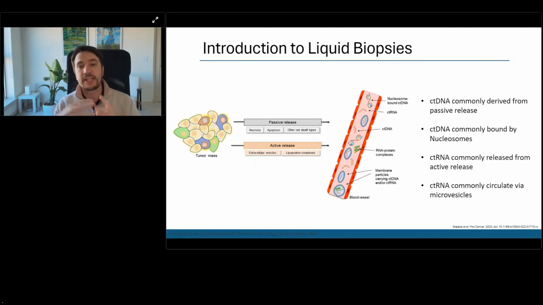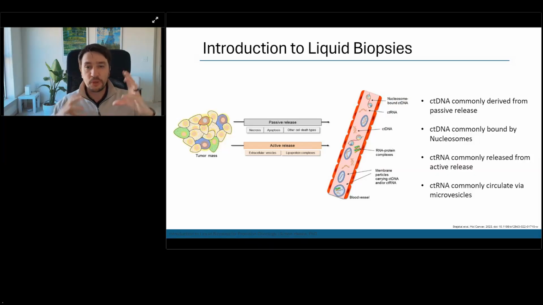As I've mentioned, liquid biopsies really allow us to get insight into processes that are happening within the cancer. And this is really because we know that cancer cells are capable of releasing some biological material into, for example, the bloodstream that we can then analyze and therefore use to make our decisions.